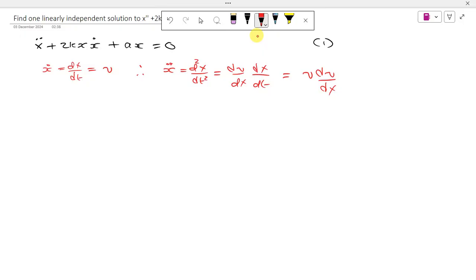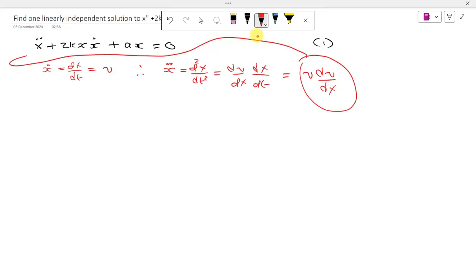So if we substitute this into x double dot and this v into the x dot, we then have an ordinary differential equation in terms of only v and x, not v, x and t.